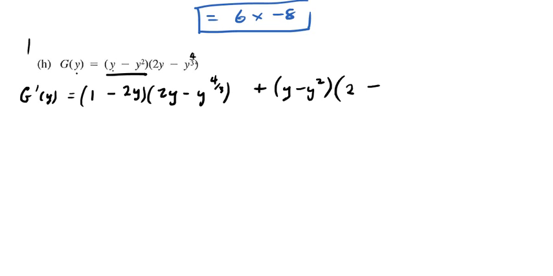What's the derivative of y to the power of 4 over 3? Bring this exponent down, so that's 4 over 3, y to the power of what? 1 over 3. Why is that? Because 4 over 3 minus 3 over 3 is 1 over 3, right?